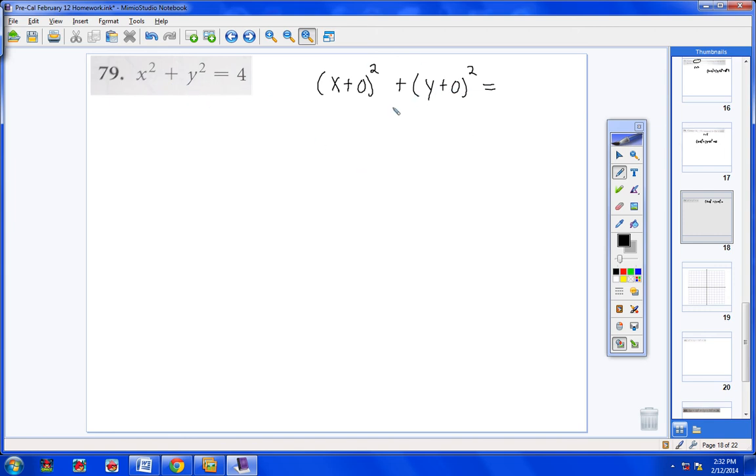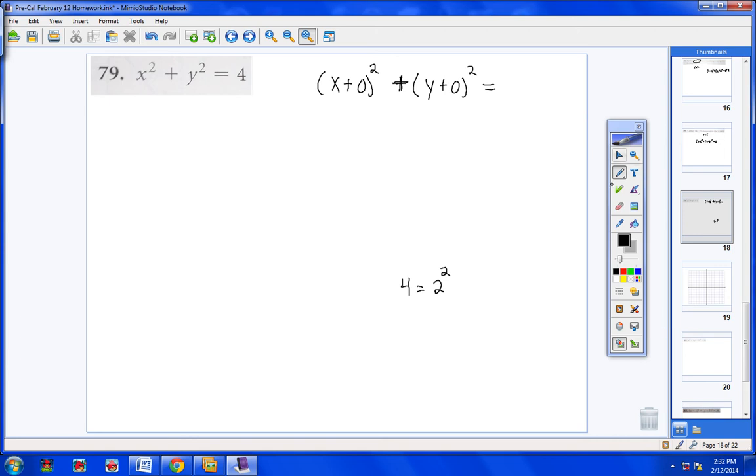So when you rewrite the equation like that, it becomes very obvious the center of the circle is going to be at (0, 0). Now, notice this number here is 4. Remember I taught you to rewrite this number as a power of 2. How can I write 4 as a power of 2? Well, 4 is a perfect square, so 4 is the same thing as 2 squared.